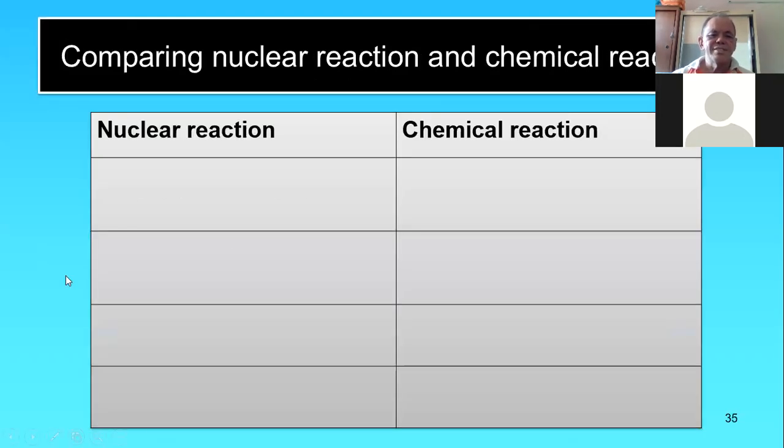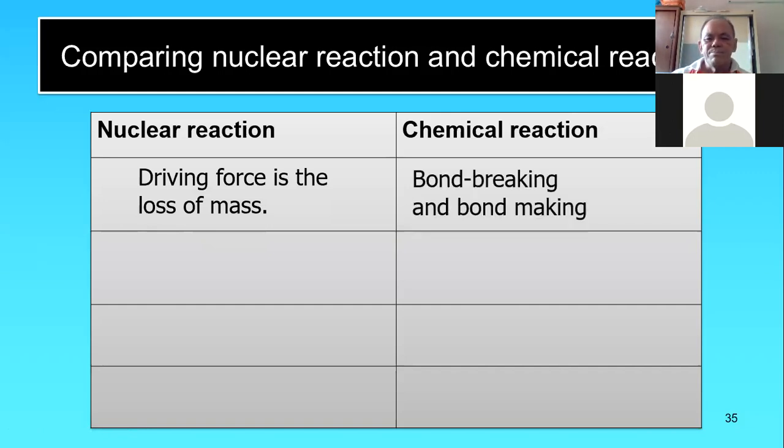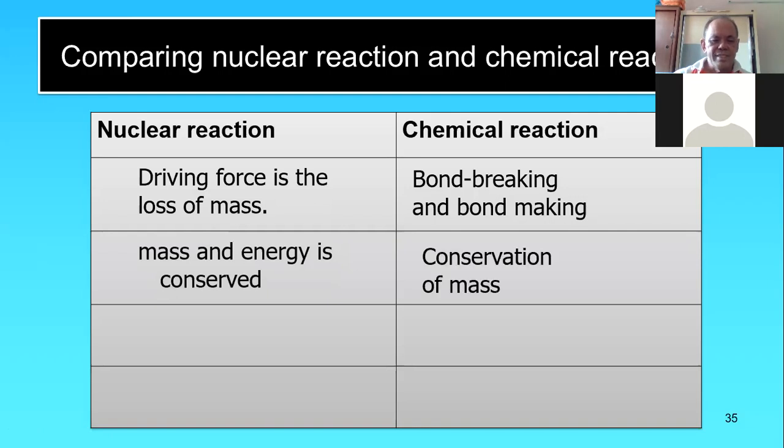Right? Let's compare nuclear reaction and chemical reaction. In a nuclear reaction, the driving force is the loss of mass. Right? In a chemical reaction, it's bond breaking, bond making, new bonds forming. In a nuclear reaction, mass and energy are conserved. In a chemical reaction, there is conservation of mass. In a nuclear reaction, the energy is about 10 mega electron volt.